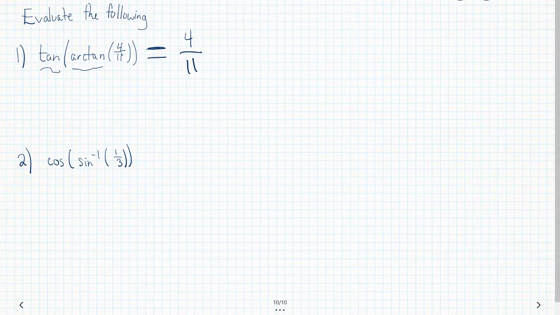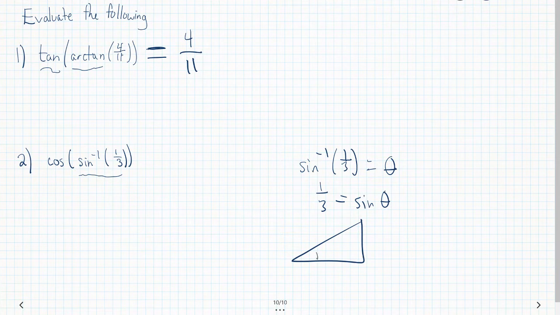Now, the other case, though, not as easy, right? So we have arcsine of 1/3. So if you have arcsine of 1/3, remember that equals theta. What does that mean? That means 1/3 equals sine of theta. And the beautiful thing here is we can make a triangle where you put theta on one side, that's opposite over hypotenuse, so you go 1 here and 3 here.